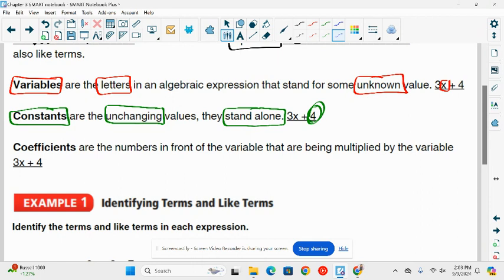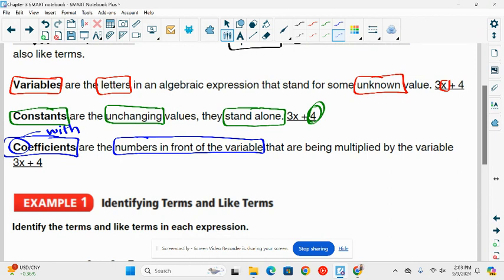Then we have your coefficients. The prefix co means with, so it's with something. The coefficient is the number in front of the variable, and the operation happening between that number and the variable is multiplication.